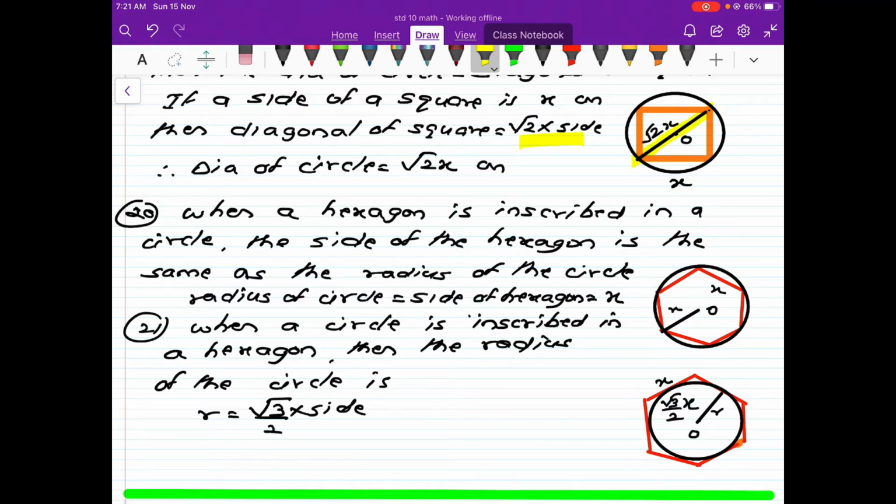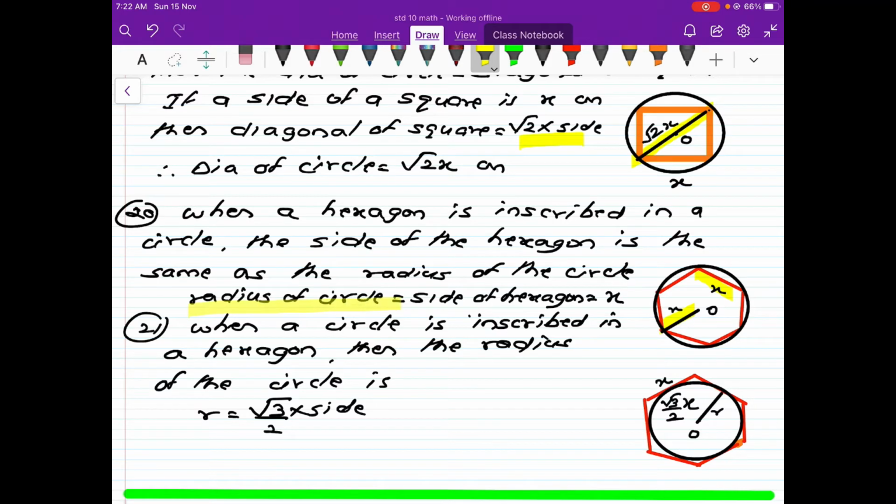Now in the case where a hexagon is inscribed inside a circle, if the side of the hexagon is x centimeters, that x centimeters is also equal to the radius of the circle. It means whenever a hexagon is inscribed inside a circle, the side of the hexagon is equal to the radius of the circle.